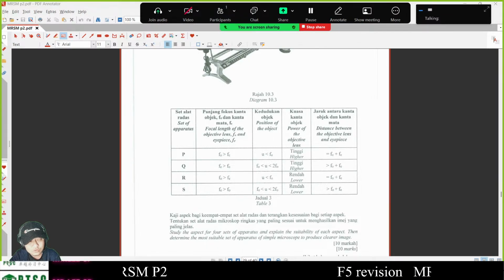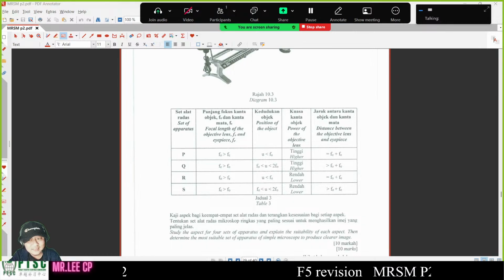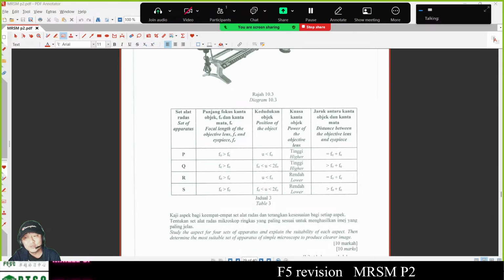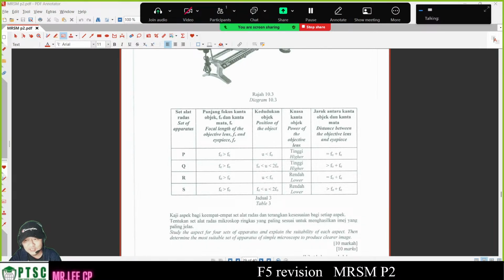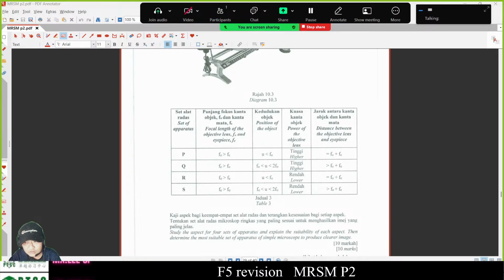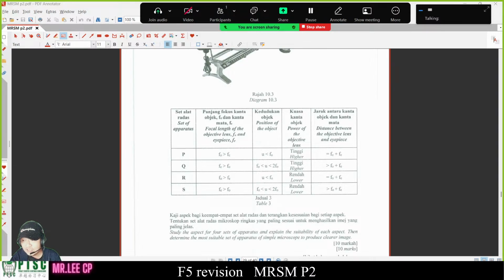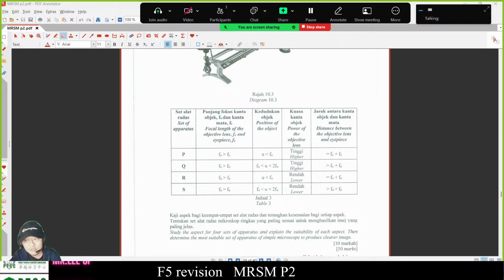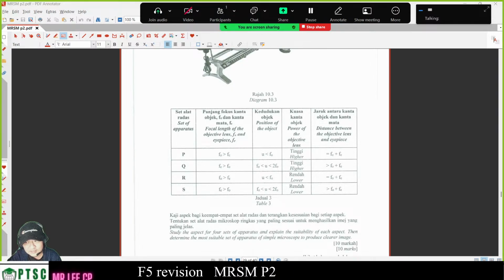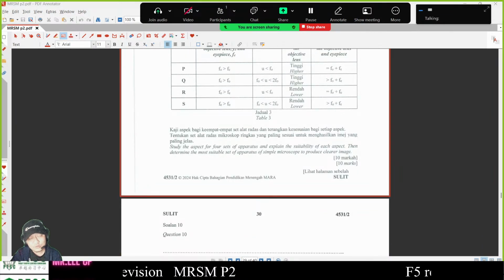Which one has to be shorter? You need to know. If you don't memorize these, you cannot do it at all. Then the position of the object, the power of the objective lens, high or low, and lastly the distance between the object and the eyepiece. Okay, I will do both for you.